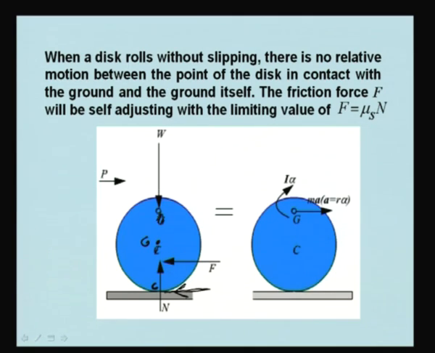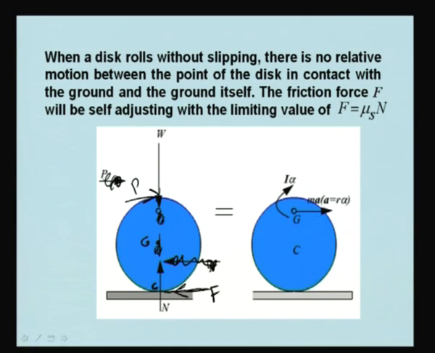Here you will have some frictional force F, and then you may have some applied force acting here, that is P, and the weight passes through its mass center G.